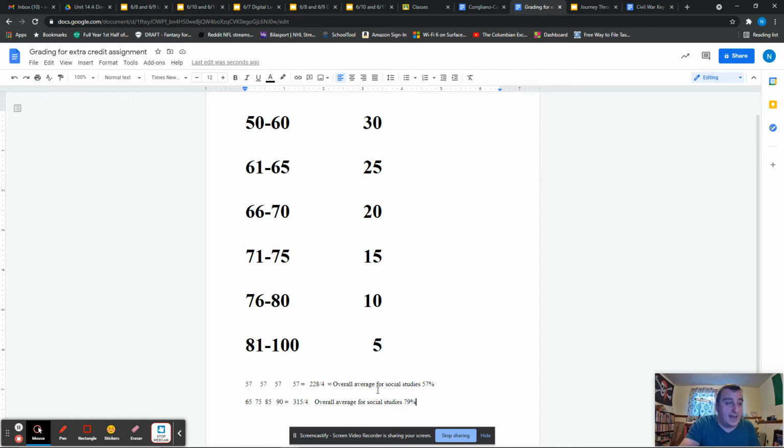If you had a 79, you will get 10 points added onto the total number of points that you got. So instead of 315, you'd have 325 points. We divide by 4, and that would figure out your overall average for the year.